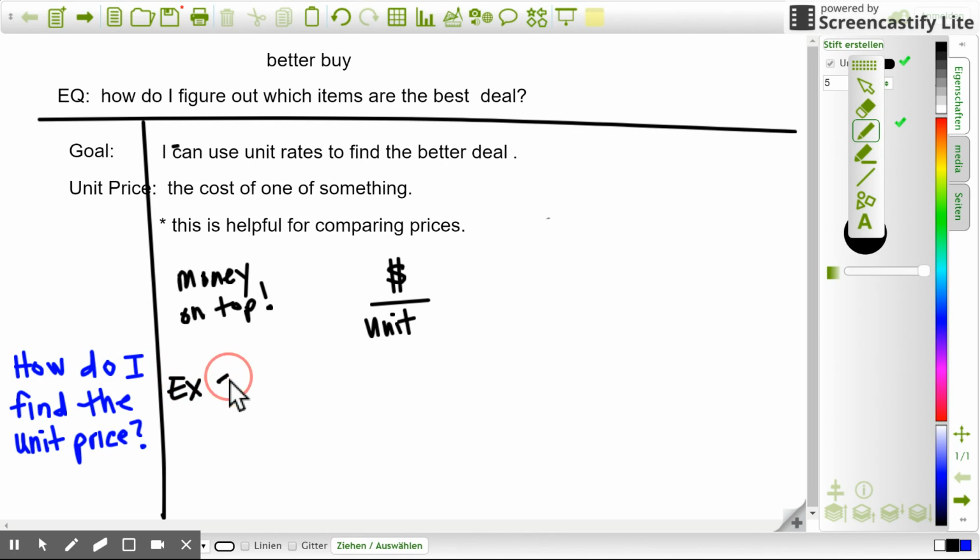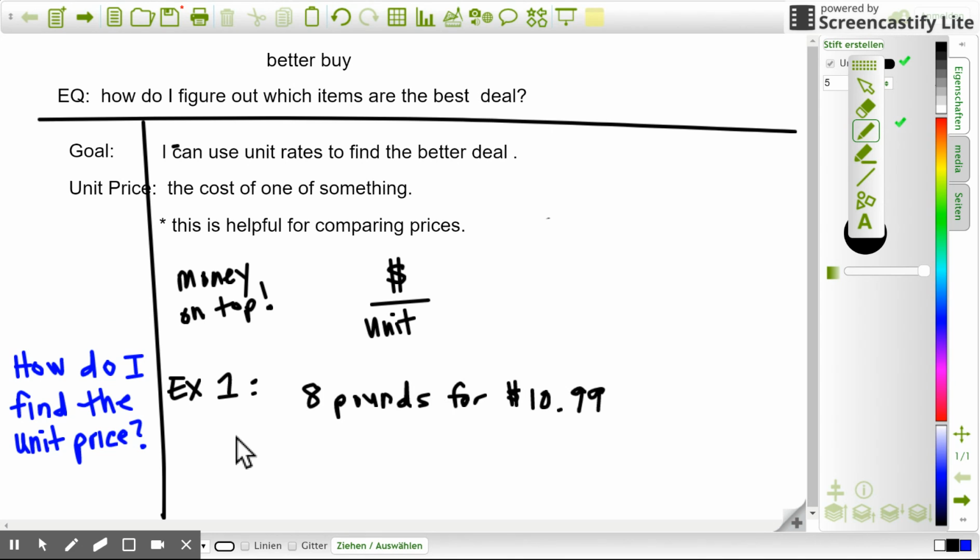So the example one, we'll call this example one. Let's say I have 8 pounds for, and you can use the abbreviation for that if you would like. I'm just spelling everything out. For $10.99. Where'd my decimal go? There we go. Okay.